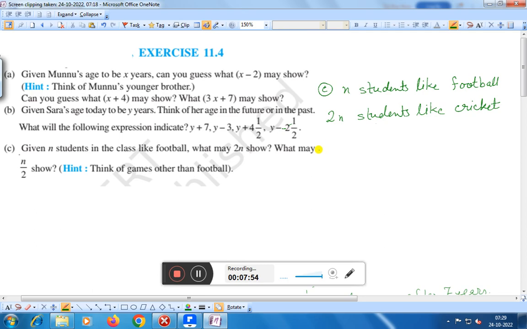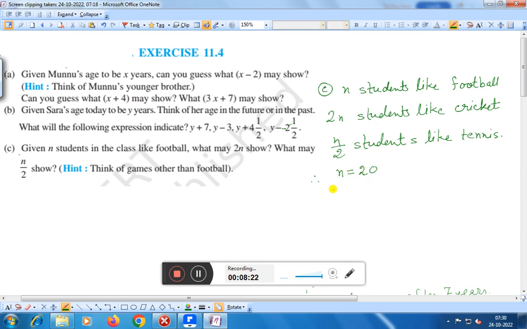Or we can say what may n by 2 show? N by 2 students may like tennis. Right? Suppose, let us take n is equal to 20.